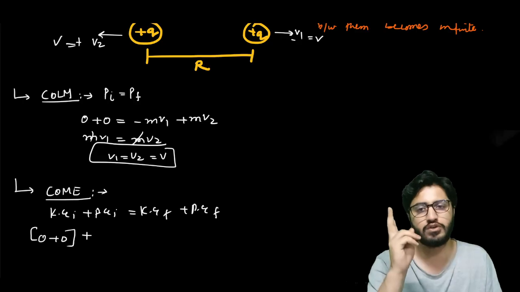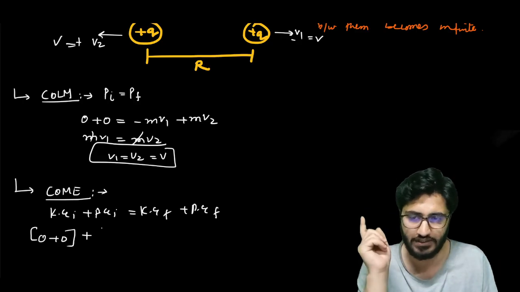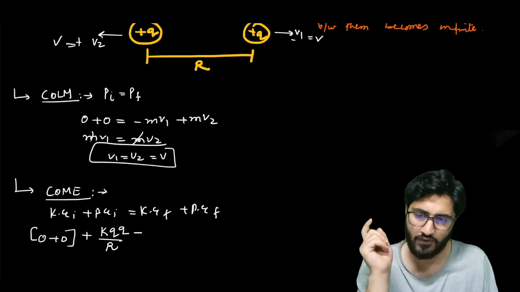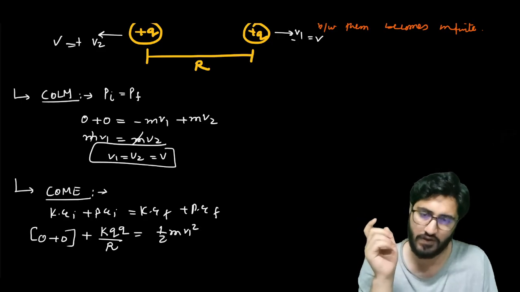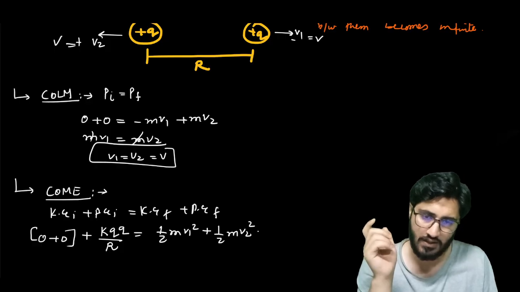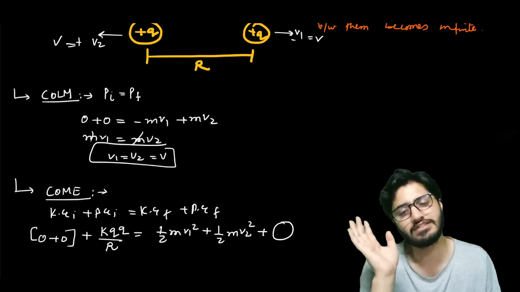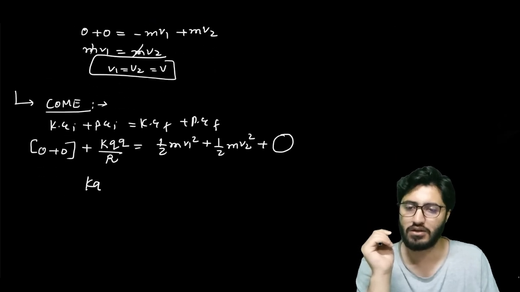Only two charges, only one pair, so I will write only one equation, that is k q1 q2, that is q, divided by r, equals final kinetic energy. It is 1/2 m v1 square plus 1/2 m v2 square, plus at the end the separation will be infinite, so potential energy is 0. So I can write k q square by r.